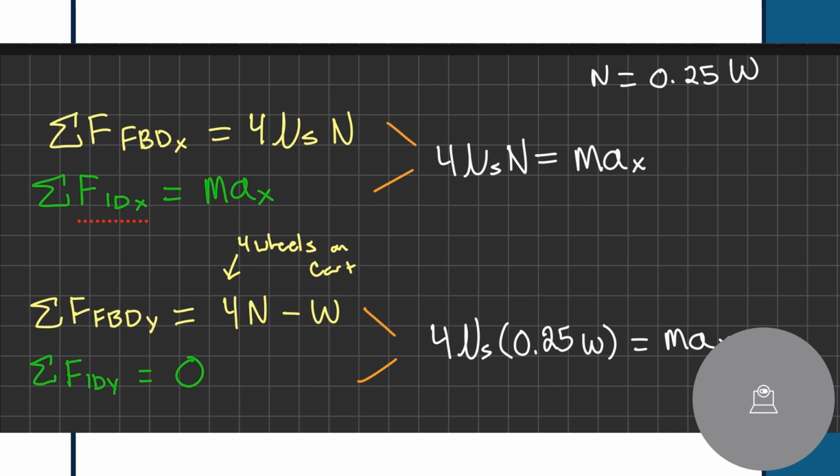Finally, when you equate these, we get a resultant equation of motion: 4 times the static friction coefficient times 0.25 weight is equal to mass and acceleration in the x. You can further simplify this by getting rid of the 4 and the 0.25, and you would get an even smaller equation: mu s times the weight is equal to mass and acceleration in the x.